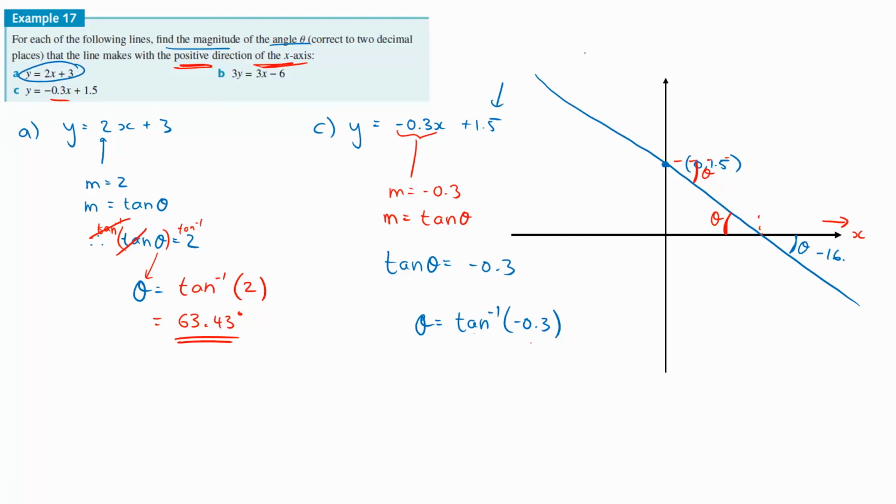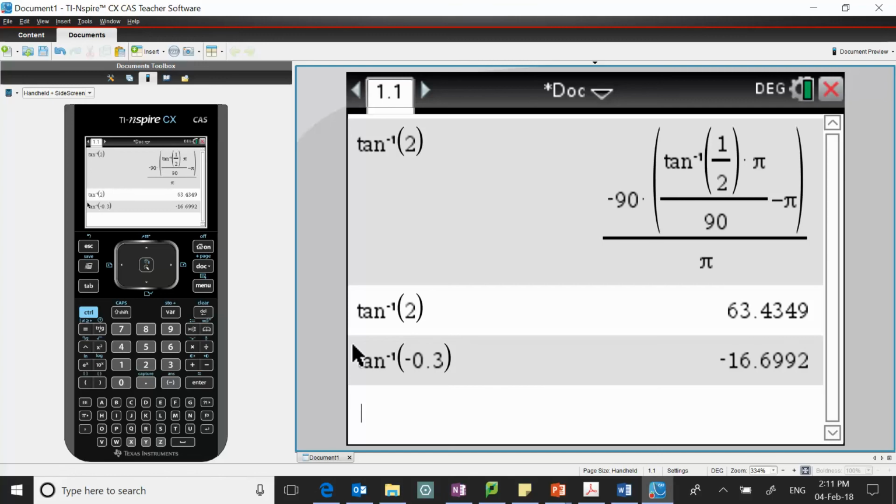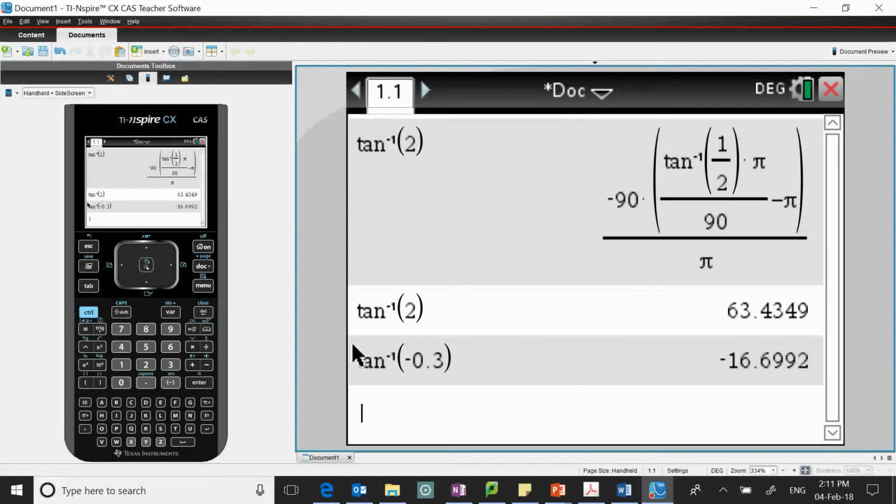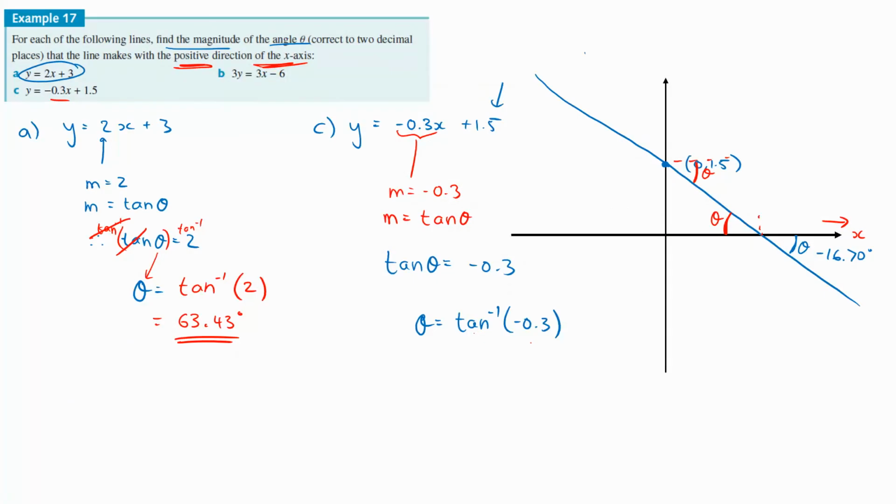So what we just figured out just now is this is negative 16. What was it again? It was negative 16.69, round to 2 decimal places, 16.7 degrees. Okay, so that's 16.7 degrees, but the problem is that's not our answer. See, the answer we want is this entire thing here. Now that I know if this is negative 16.7, then this angle here is the same.